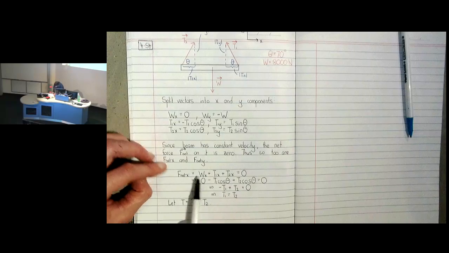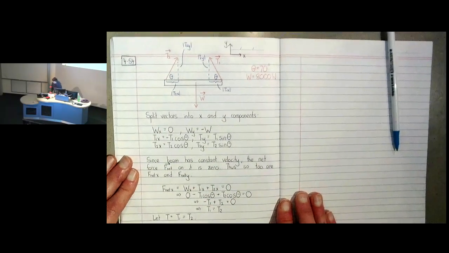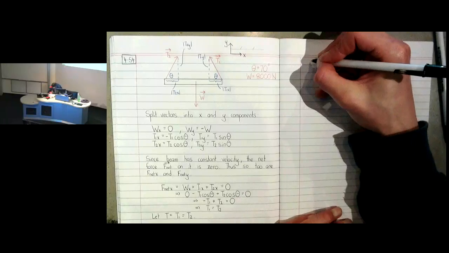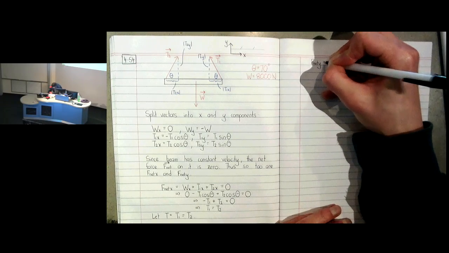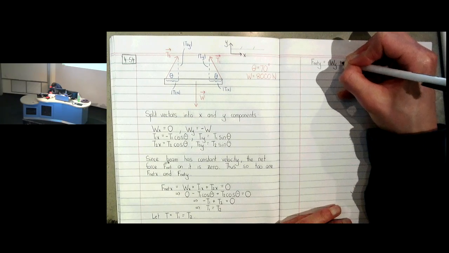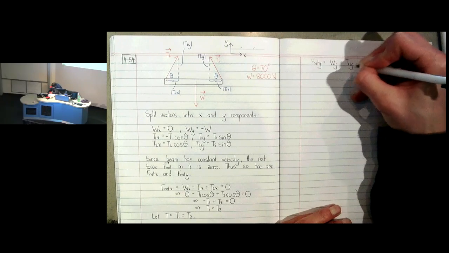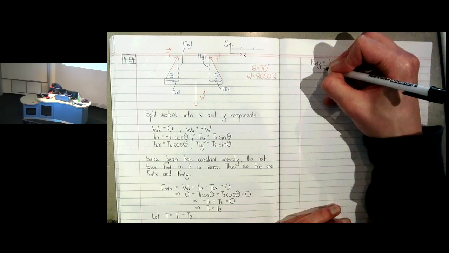So now let's add up forces in the y direction to find the net force. If we repeat what we've just done in the y direction, we find that the net force in the y direction has got to be equal to the y component of the weight plus the y component of the first tension force plus the y component of the second tension force.